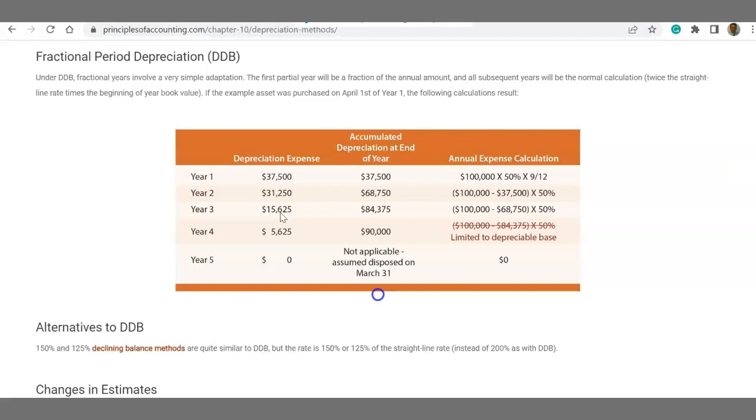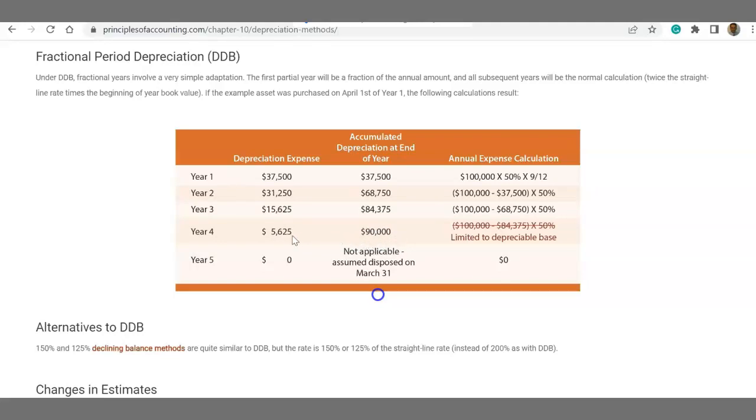And then in year 4, you have to say, okay, 100,000 minus 84,375 comes up to some number, but you have to ignore it, because all you can recognize as an expense is only $5,625 and nothing more, because you have to stop when your accumulated depreciation is $90,000.